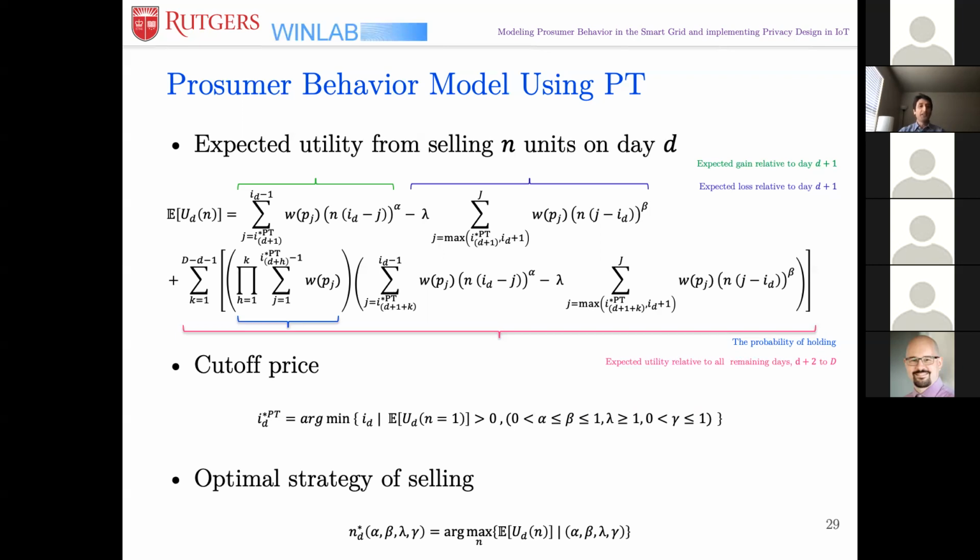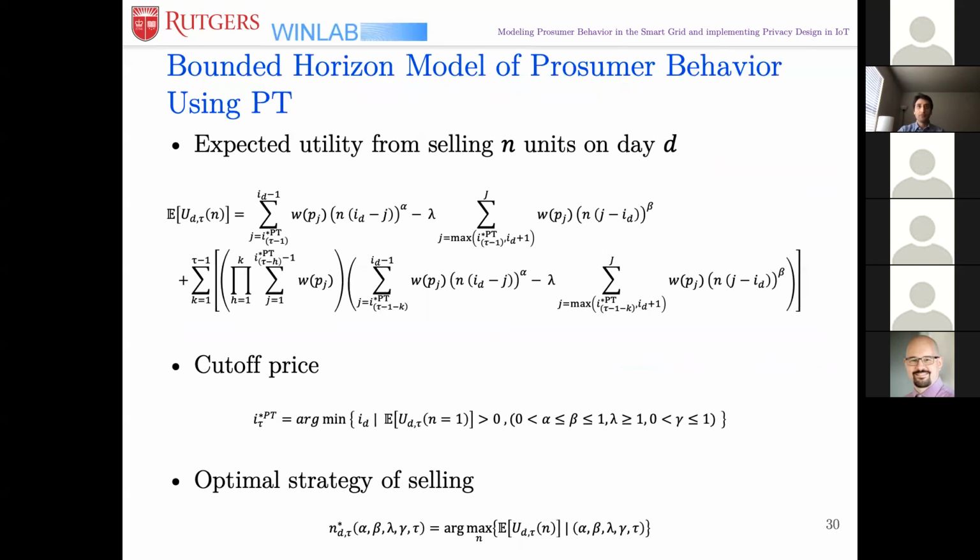If PT is considered as a model of prosumer decision-making, then the optimal strategy of selling on each day is to choose the number of units of energy that maximizes the expected utility of the prosumer. In the bounded horizon model with prospect theory, a prosumer may compute the probability of selling over a fixed number of days, until the remaining days are fewer than the number of days in the prosumer's time window.